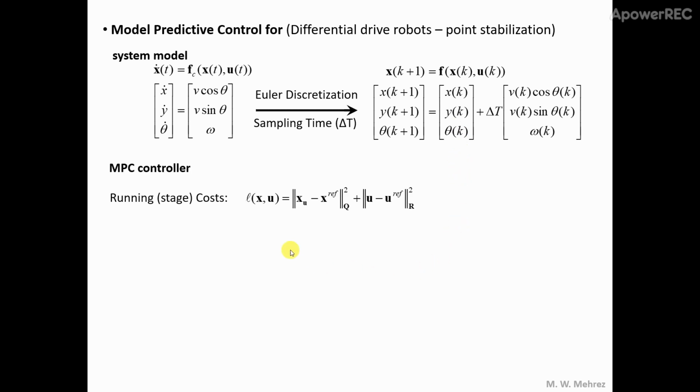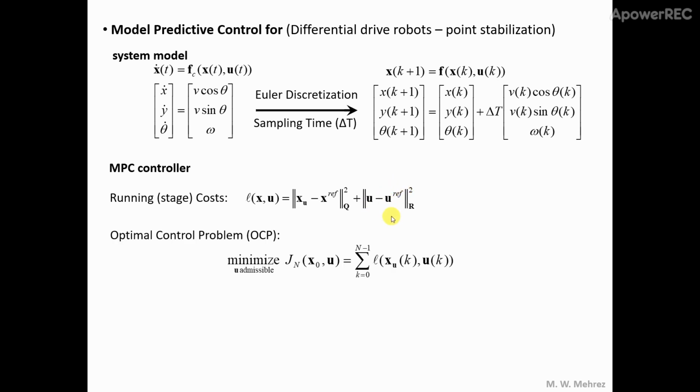And then we said our MPC controller running cost is going to be a penalization for the deviation between the predicted state of the robot and the reference state, and also a penalization for the difference between the control action we would like to apply and the reference control action.